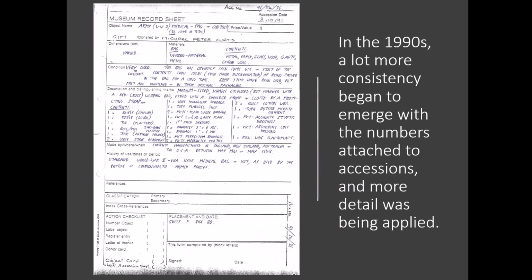So it was still paper-based. It had evolved to the point of having a fairly standardised form, but they didn't have digital access to the collection in any way. So that information had limited use. It could only really be accessed by the staff directly working at the organisation, and it wasn't searchable in the way that we can do now with modern collection management systems.